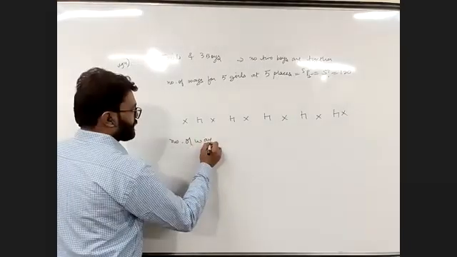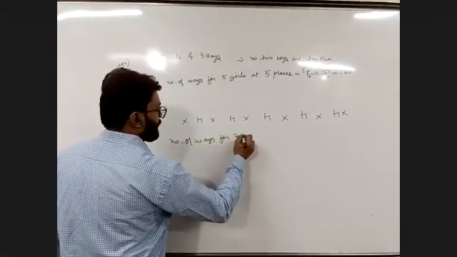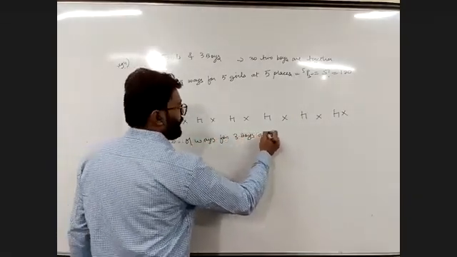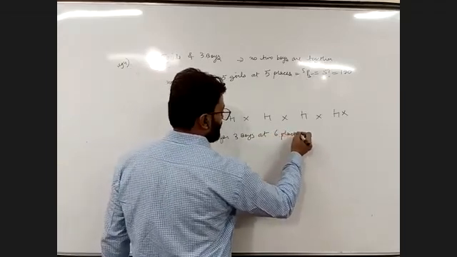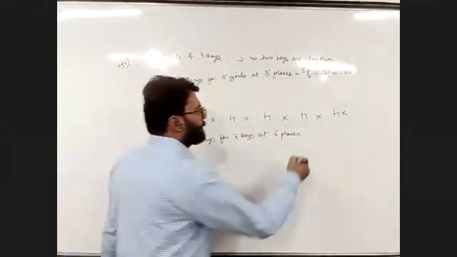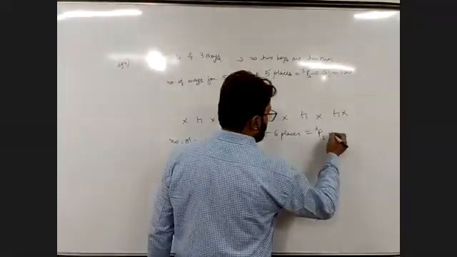Number of ways for 3 boys at 6 places. Possible positions for boys are 6. So this will be equal to P(6,3).